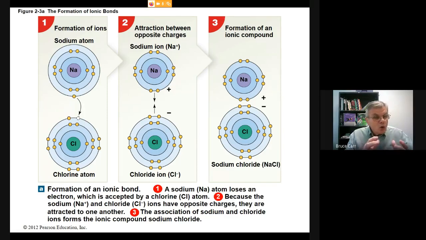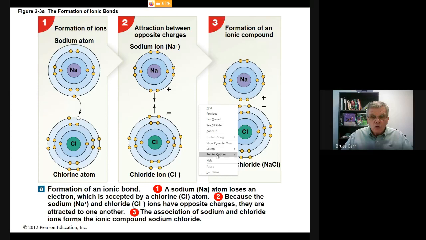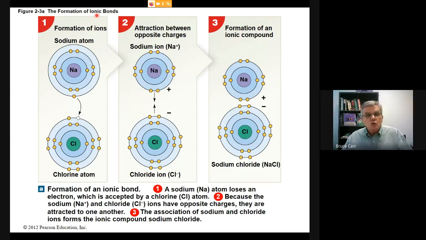So when you put sodium and chloride together, an electron is transferred, stabilizing both atoms and causing them to bond together. Let me see if I can get a pointer going here that you can see. Now this is a sodium chloride molecule, and this bond is an ionic bond. Ionic bonds transfer the electron and hold these two together very, very tightly.